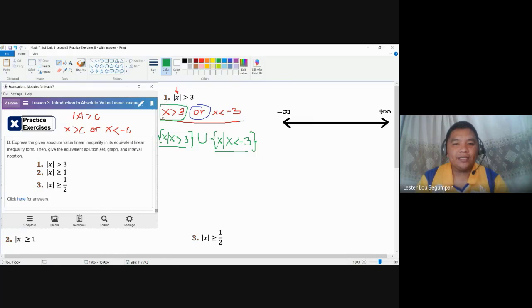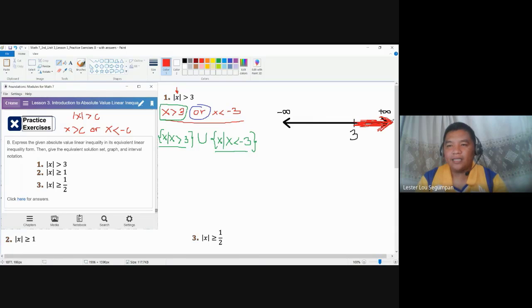When you graph this, simply use the concept of how we graph a linear inequality form. You may check the previous videos for that. We start here with an endpoint, or starting point rather, 3. We go to the right, and since it extends towards infinity, we shall use here our arrowhead.